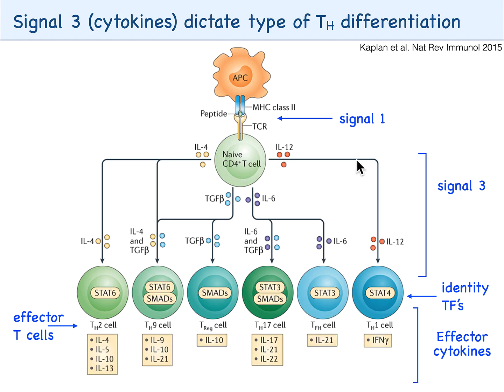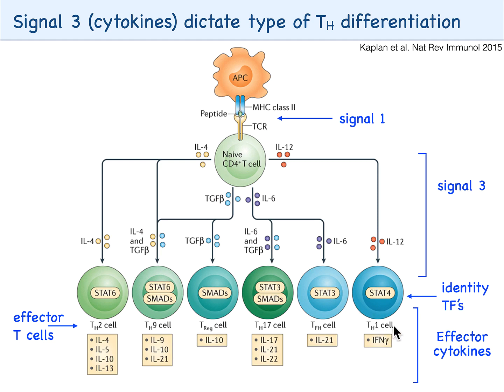So these cytokines are the signal 3, and each of these populations of T cells will produce a different set of cytokines. These are what we call the effector cytokines, which will be produced under the control of different transcription factors. And these transcription factors are what we call identity transcription factors.